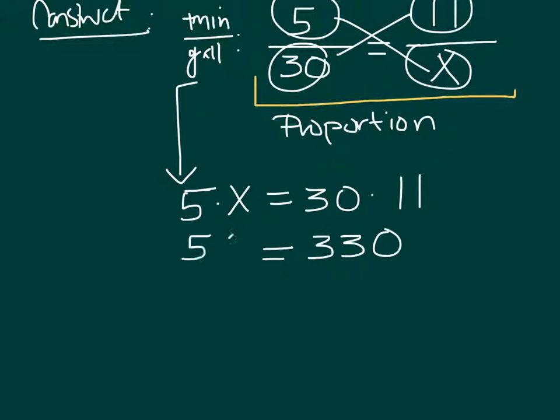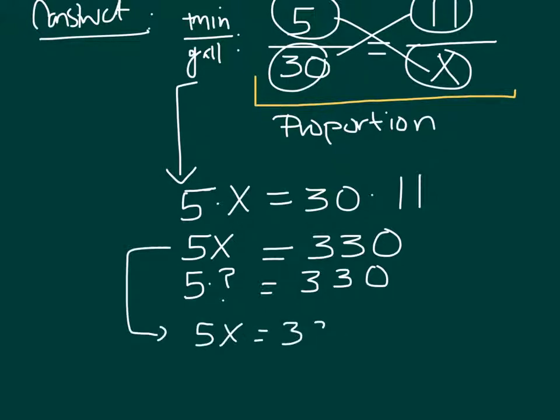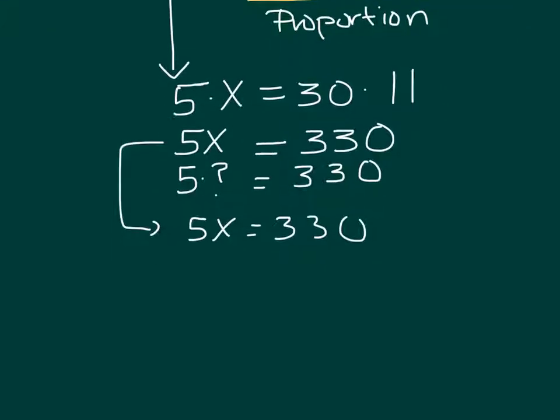And I get 5x equals 330. Here we're using the multiplicative property of equality. Or you can ask, 5 times what number is 330? If you want to use that idea or not, it's optional. I'm just giving you options because everybody does it differently.